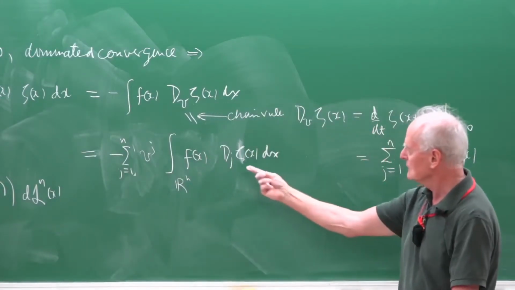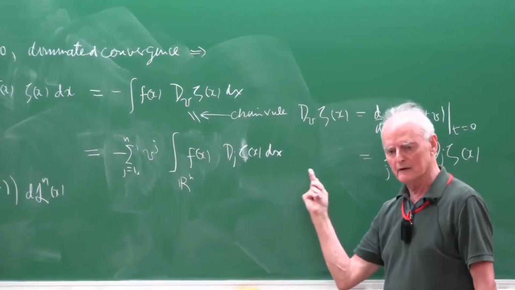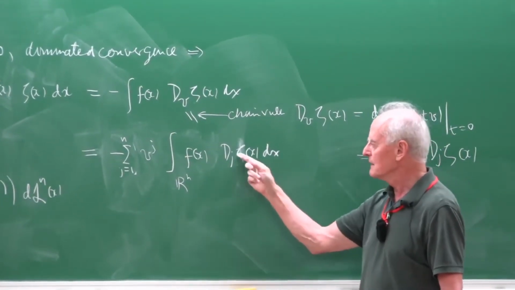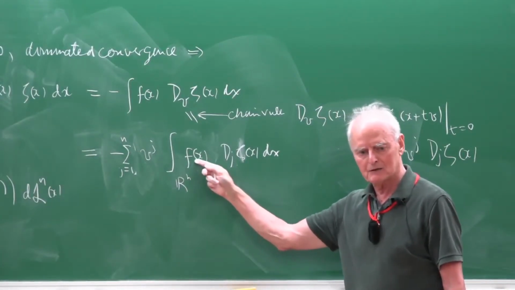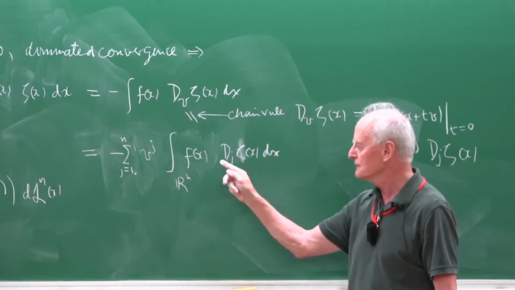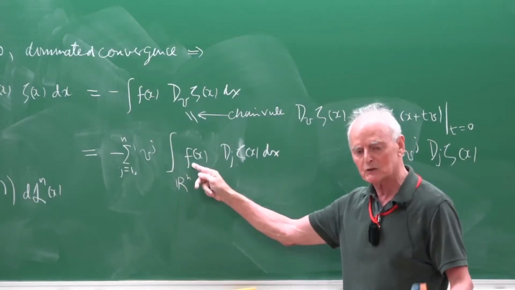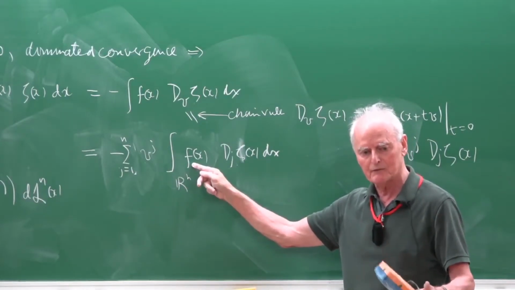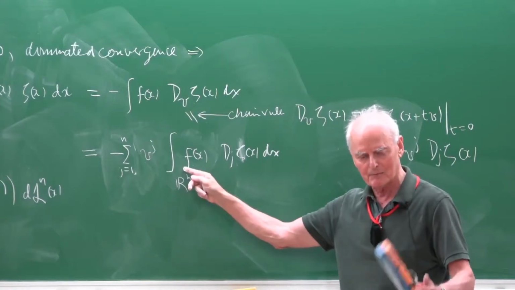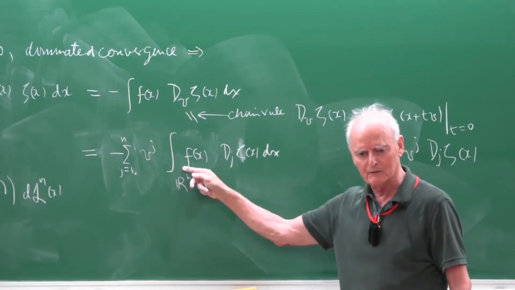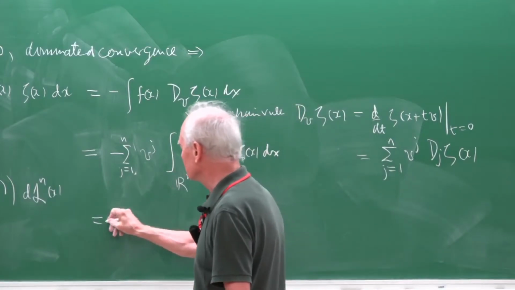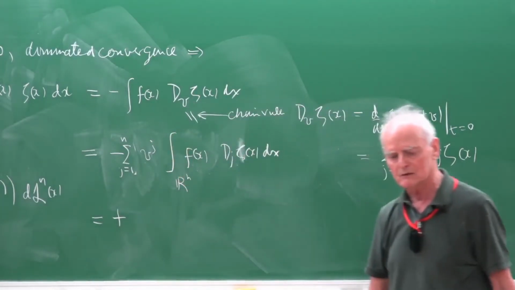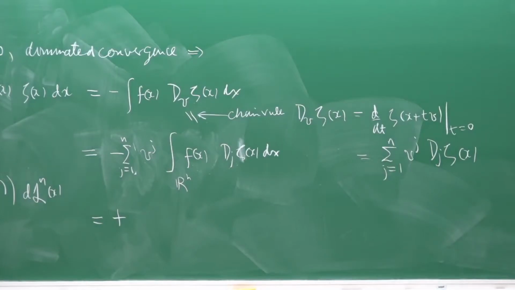Now you can first integrate with respect to the jth variable by Fubini, but that's just a one variable calculus integration by parts formula. So we can put the derivative from here onto f. Remember, that's okay for a Lipschitz function of one variable. The integration by parts formula is well known for functions of one variable. So I can rewrite this as plus, because when we do the integration by parts, we always get another minus sign.